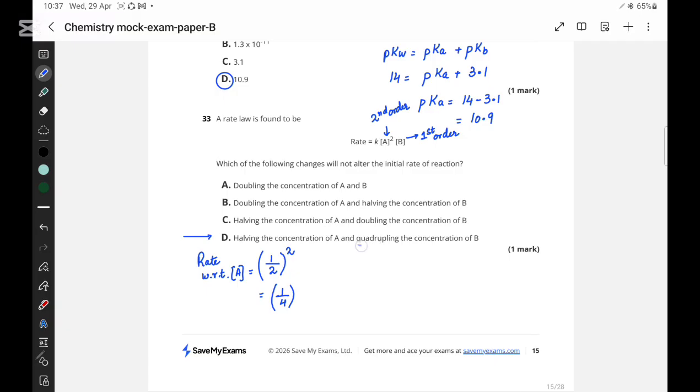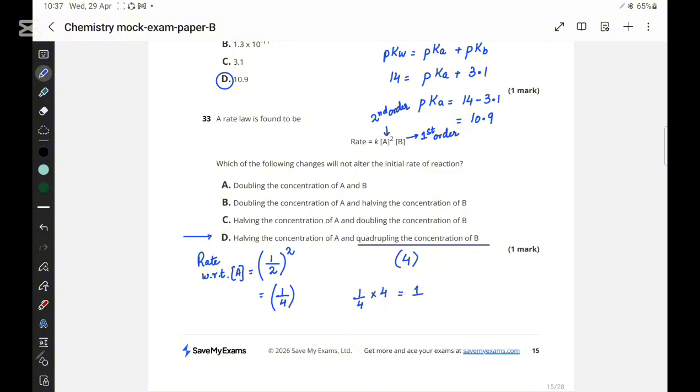And when you see for B, they are saying quadrupling the concentration of B, meaning you are increasing the concentration of B by 4 times. If it is first order, then if you increase the concentration by 4 times, the rate also increases by 4 times. So multiplying 1/4 times 4, it becomes 1.